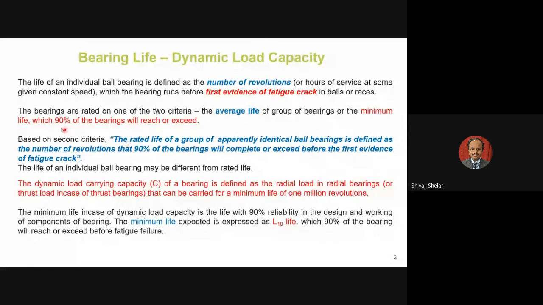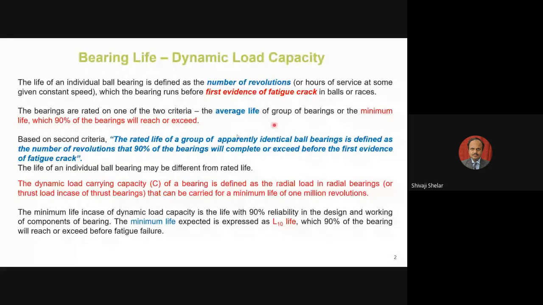You can design for 90% or 80%, but mostly it is designed for 90% of the bearings reaching it. So there are the concepts of average life and minimum life. The average life concept is normally not used in bearing design or selection. Mostly the minimum life with the basic criterion of 90%, or sometimes other than 90%, is preferred.